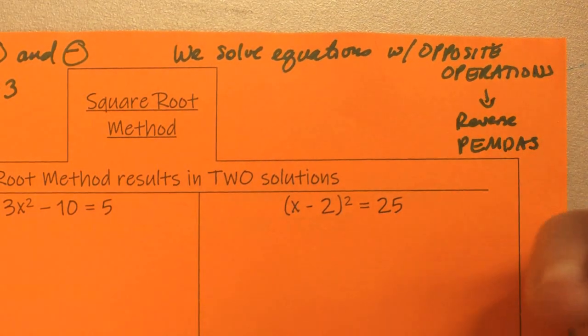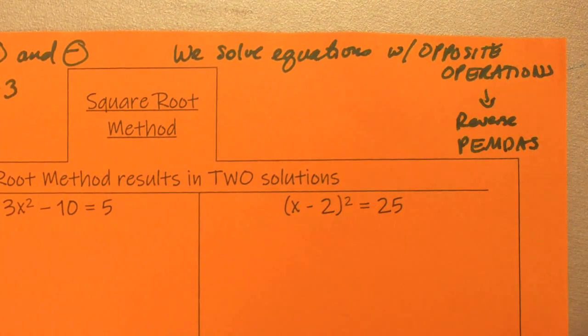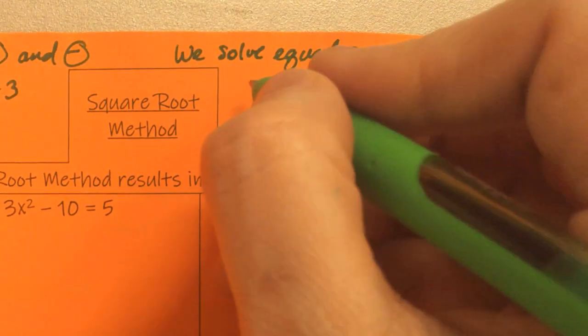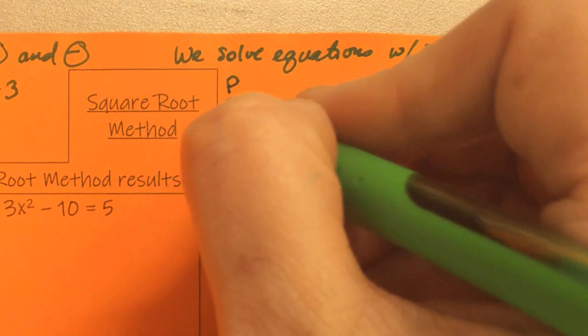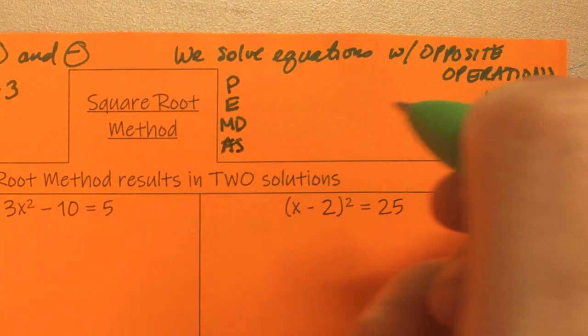So what we do is we do PEMDAS backwards. Let's talk about what the opposite operations are first of all. What's the opposite of plus? Minus. What's the opposite of multiply? Divide. Well, the opposite of x squared is square root. So when we do order of operations, we do parentheses, exponents, multiply, divide, and add, subtract.